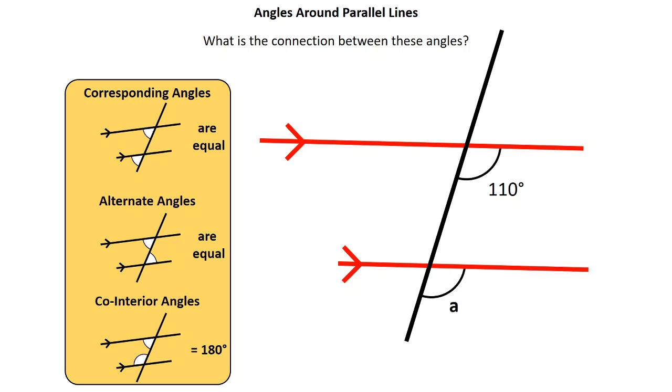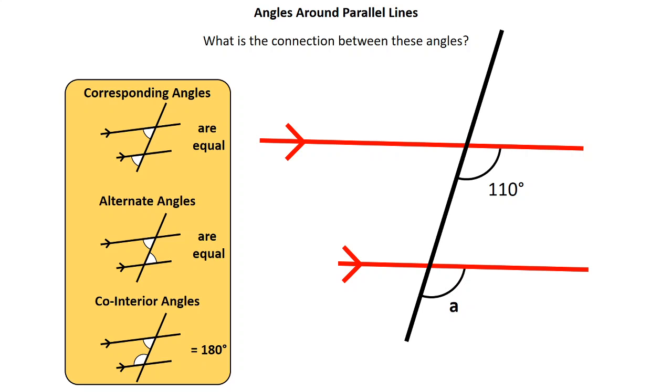Okay, so here are some questions, not examples then, so more questions for you to do. What I would like you to do, please, is first of all commit to which rule we're using that links the 110 to A. This would usually be on a whiteboard. You're going to have to write it down.